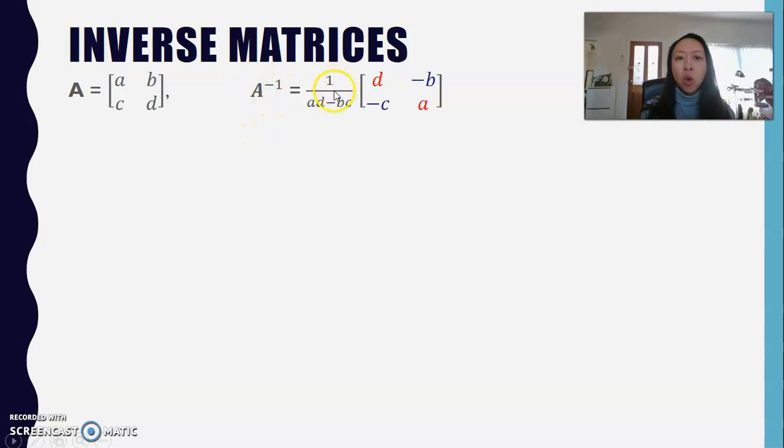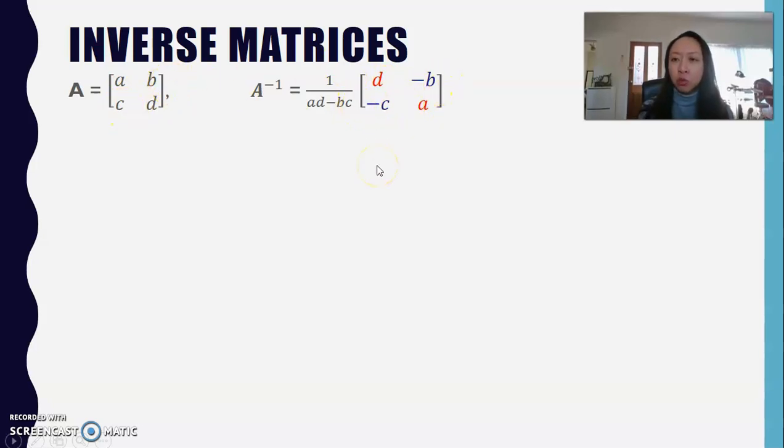Equals to 1 over AD, the product of these two values, A and D, take the product of B and C. Yeah. And after that, we have to write the matrix, but we have to switch the sides. So can you see that A and D have switched sides? Yep. And then B and C, we have to switch the signs.